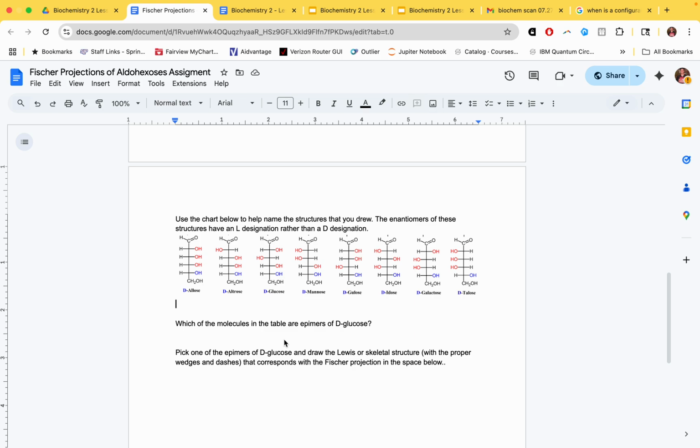And then you're going to pick one of those epimers of D-glucose, and you're going to draw either the Lewis or the skeletal structure. And that Lewis and or skeletal structure should have wedges or dashes in it that correspond with the configurations from the Fischer projection. And you'll do that down below here. Okay, let me know if you have any questions.